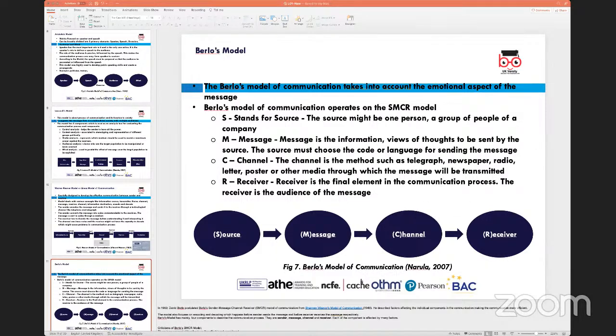So in this case, what we generally see is that when David Berlo came up with this model in the 1960s, he was widely recognized for devising this particular communication model, because it focused on the factors that influence effective communication. What he recognized for the first time was that the communication process is dynamic.